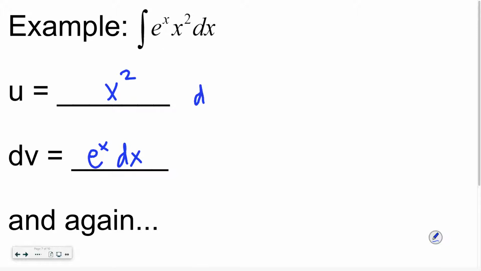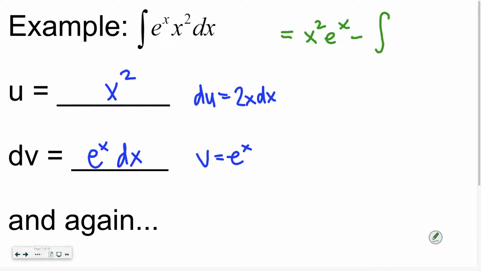So let's see. du is 2x dx, and v is e to the x. Agreed? Okay. So this integral is x squared e to the x minus the integral of e to the x times 2x dx.